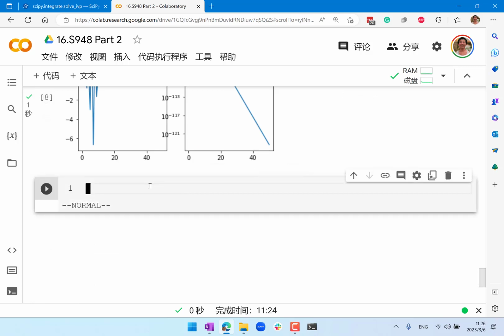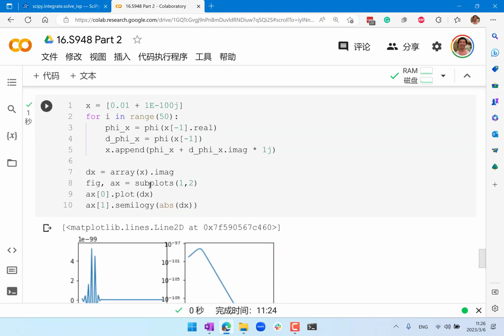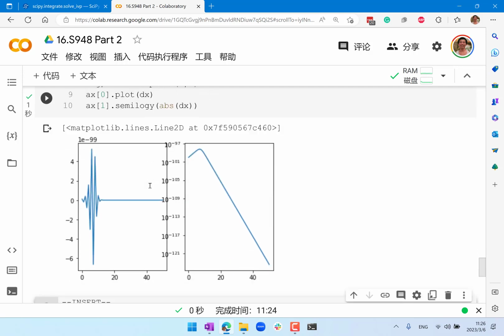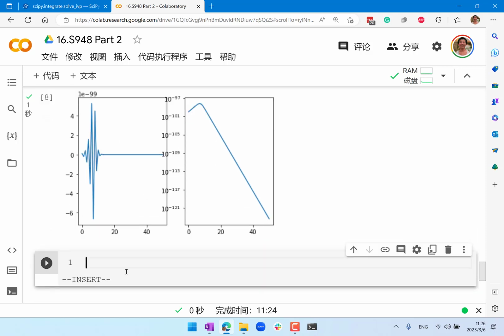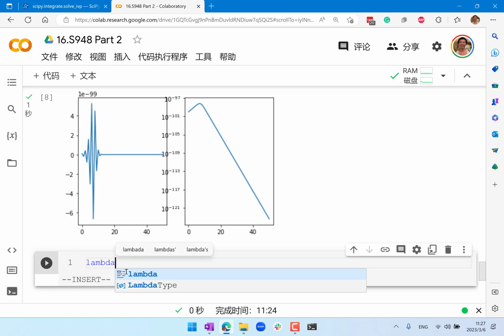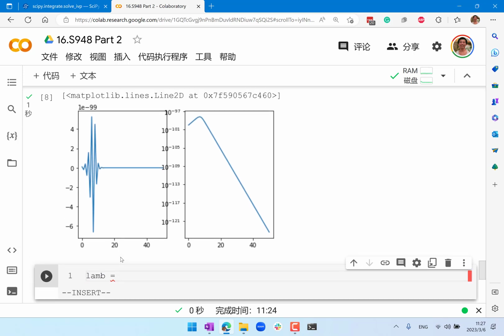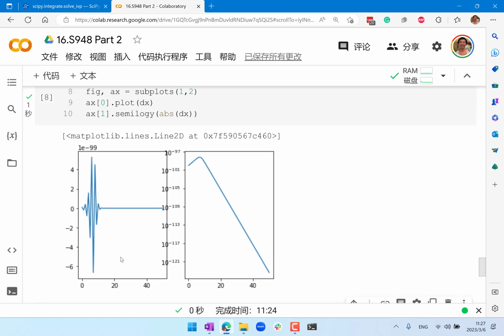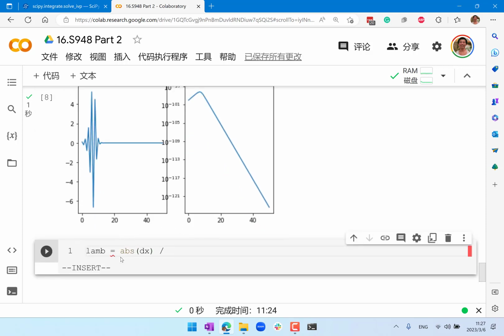So if we start the computation of the Lyapunov exponent right from the beginning, what we are going to see is lambda. In Python I can't use lambda because it's a reserved keyword, so I will just use lam, which is equal to the absolute value of dx divided by the absolute value of dx0, right?